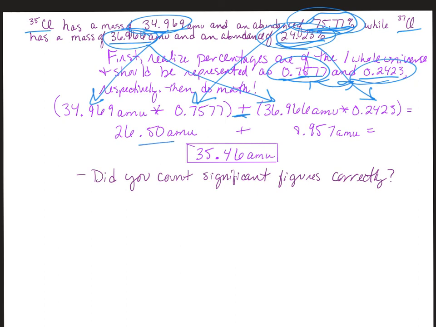Multiply these together, and then add those two values together in order to get your correct sig figs, right? And that will give you a total of 35.46 AMUs. Please do try to practice this as well.